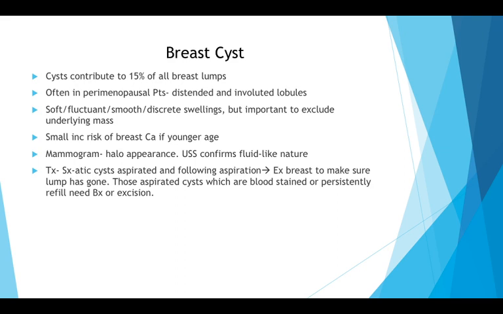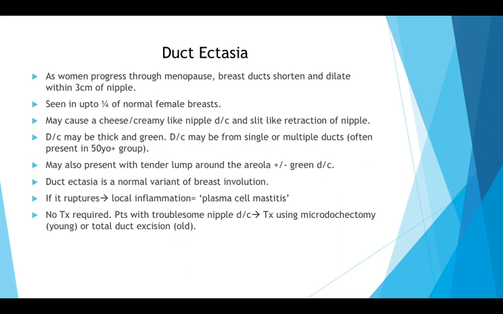Treatment-wise, basically just aspirate them and make sure post-aspiration on examination that the cyst has been completely removed. However, if your cyst contains blood or keeps on refilling, then you may need to do a biopsy or excision. And now duct ectasia.